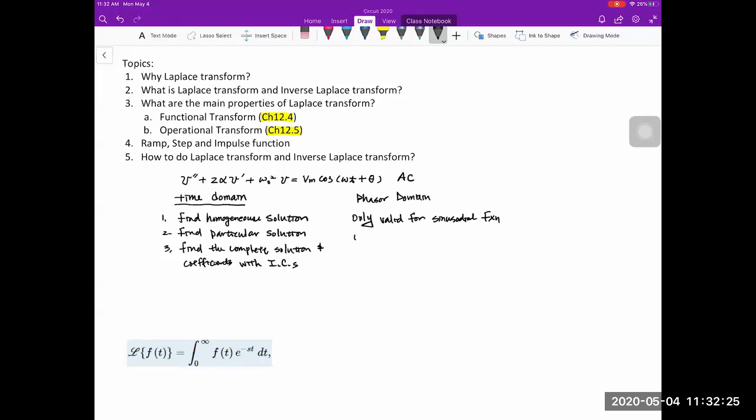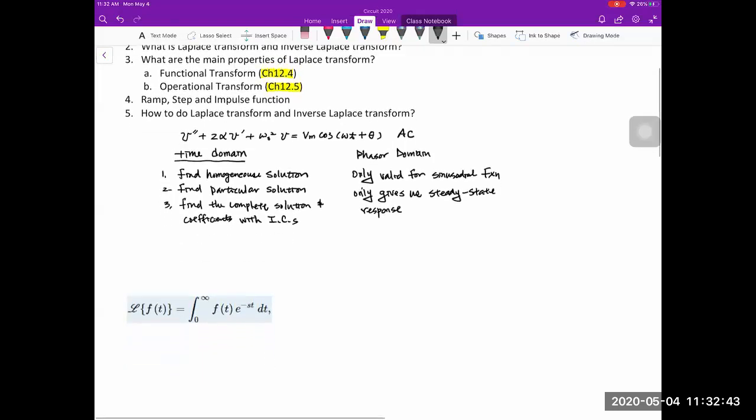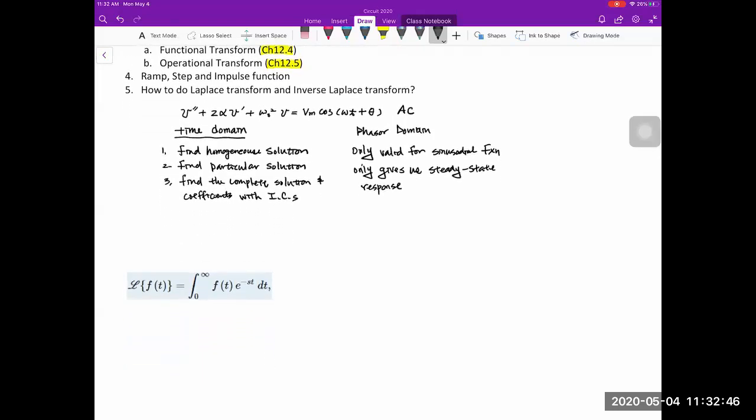It only gives you... so we need a new way. We need a new way, where the new way is this one here.